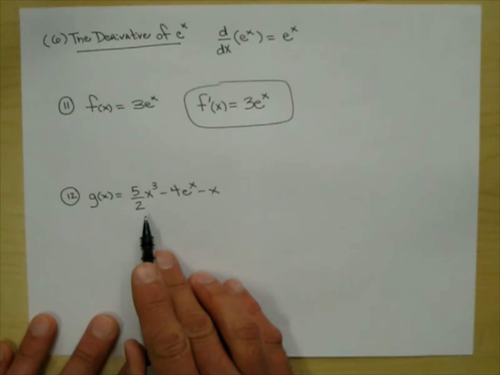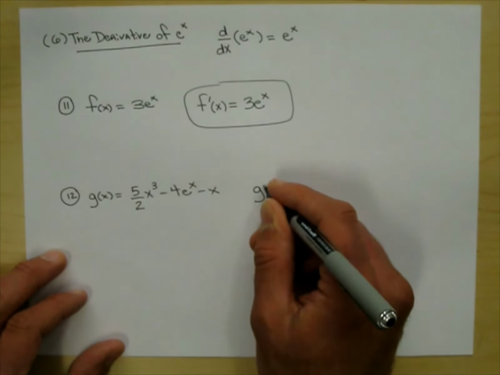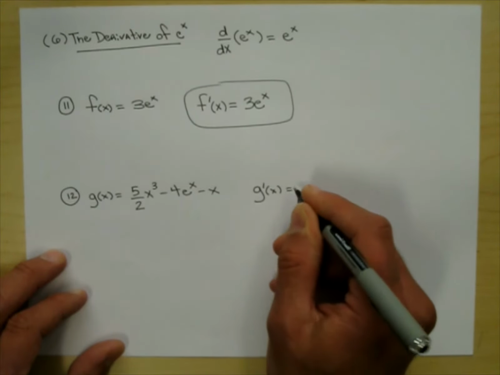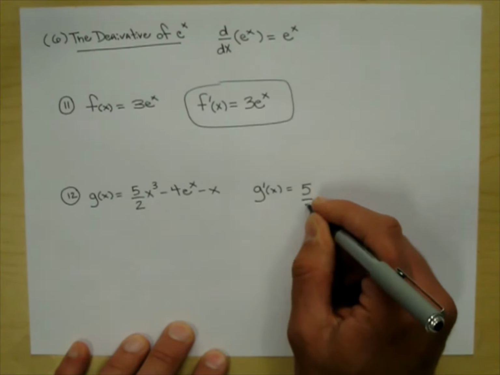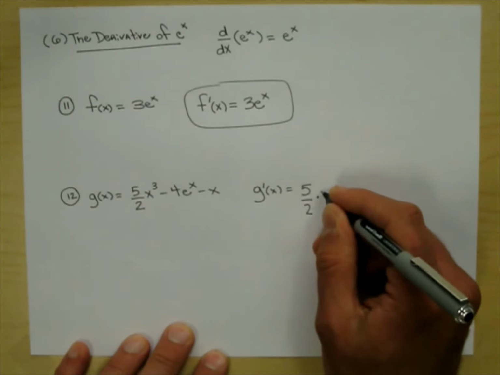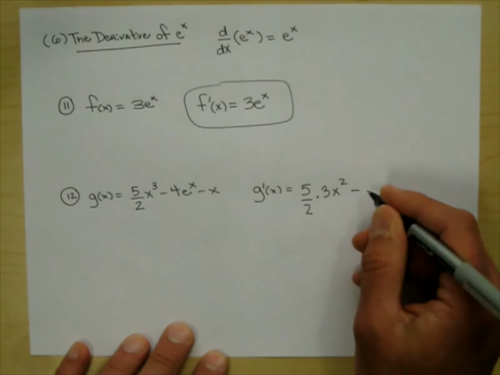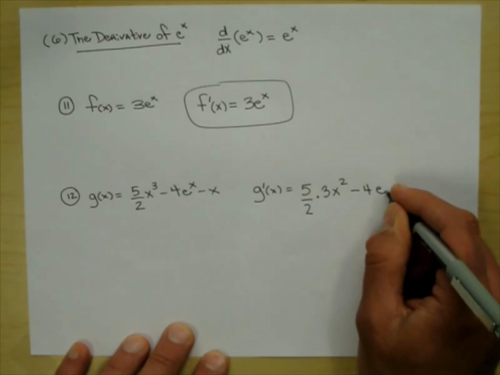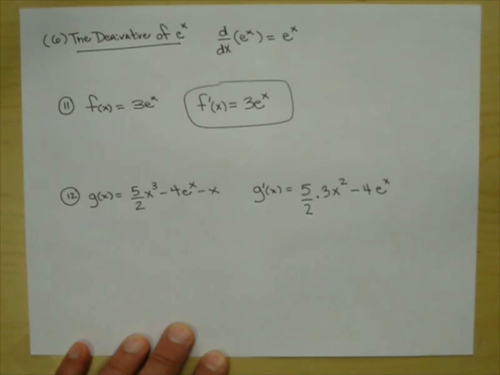Okay, let's go ahead and do this one right here. The derivative of g is g prime. So I'll write out a few more steps on this one. We have the 5 halves. The 3 jumps down in front. It becomes a 2. And then we have minus 4e to the x. And then this one has a 1 for the exponent.